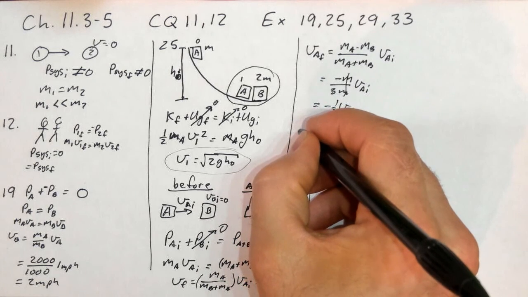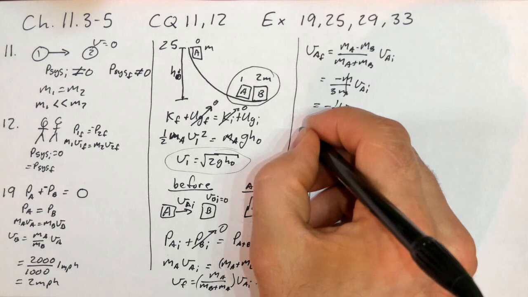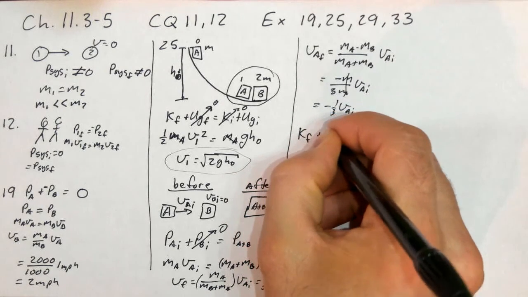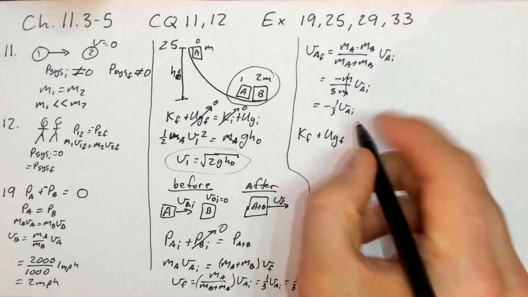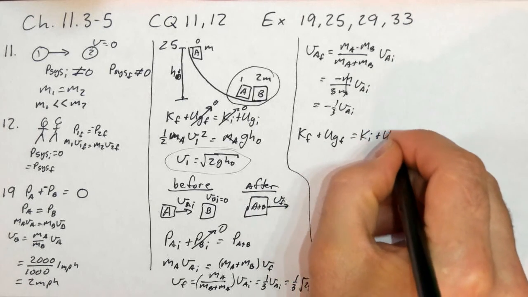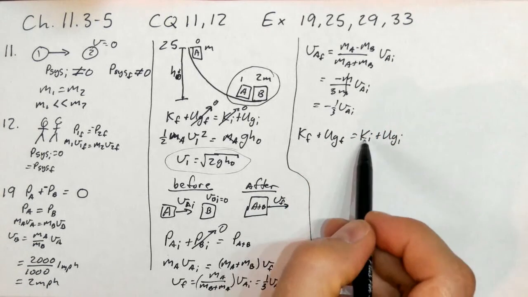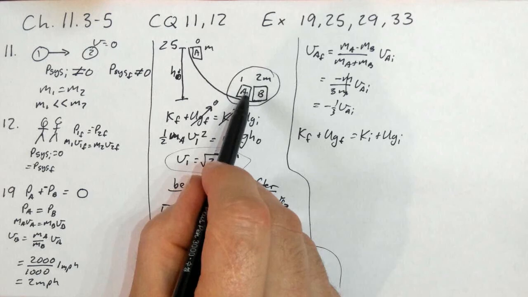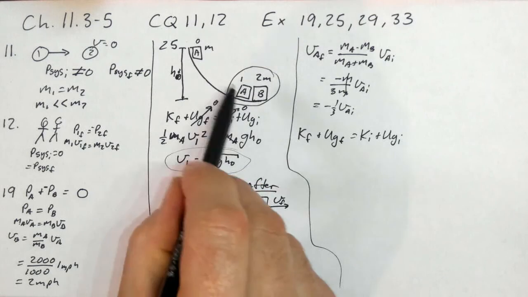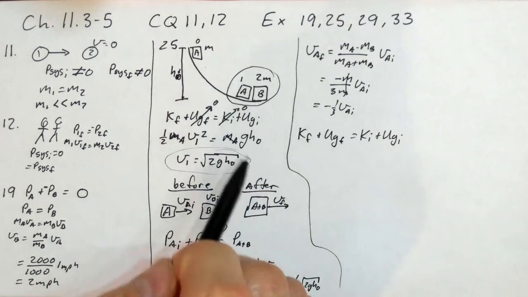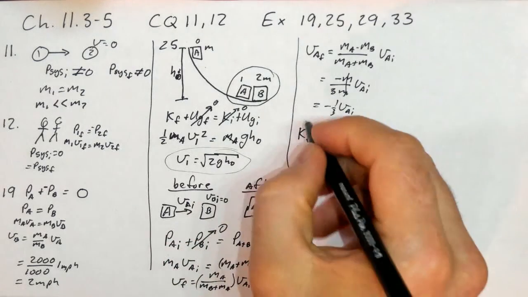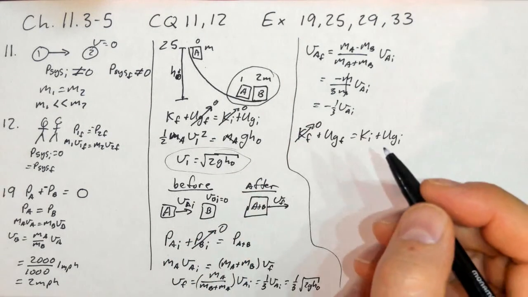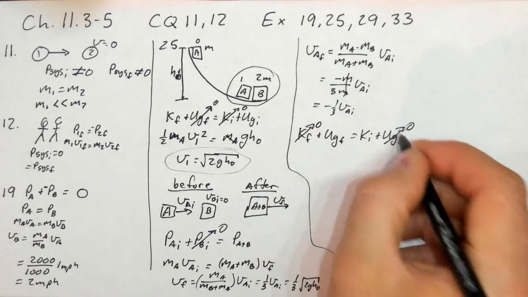So now we're going to start with our K final plus our UG final is equal to our K initial plus UG initial. But in this case, the initial is down here on its way up, and this is the final. Wherever it reaches, it's going to reach some spot. So our K final is 0, and our UG initial is 0.